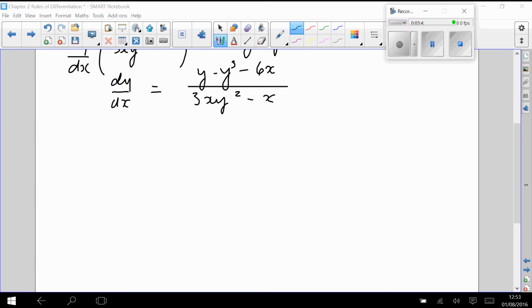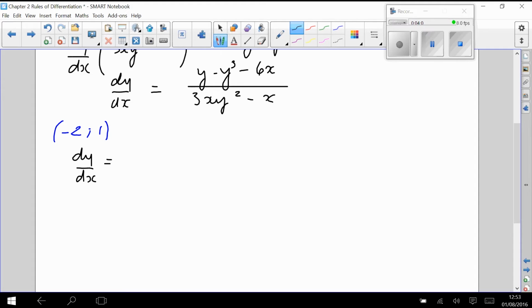As I need to find the derivative at the exact point when x is minus 2 and y is 1, I take my derivative and I substitute every single y for a 1 and every single x for a minus 2.